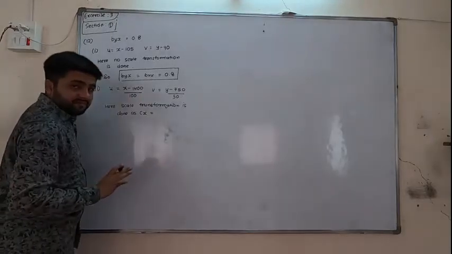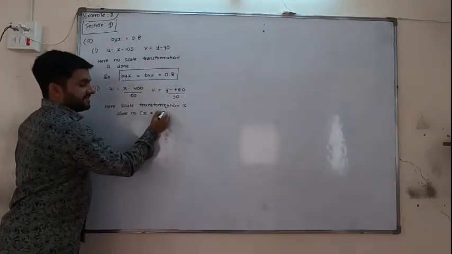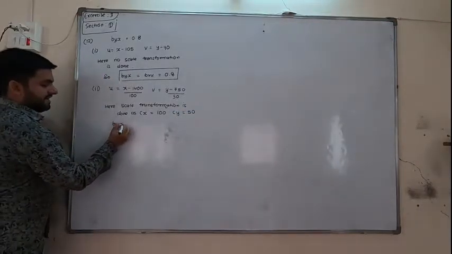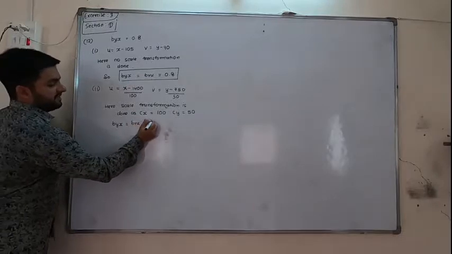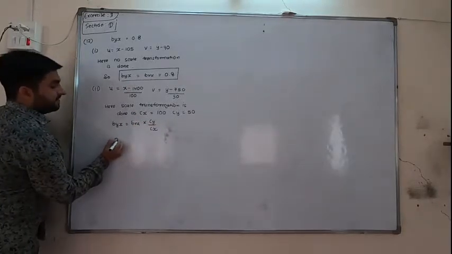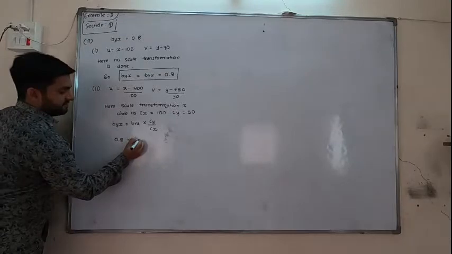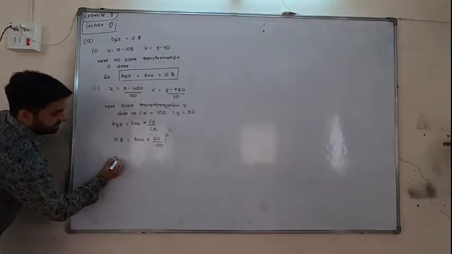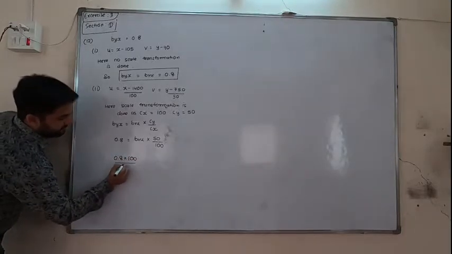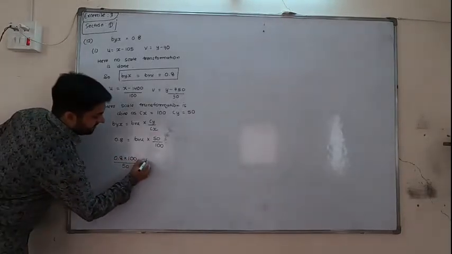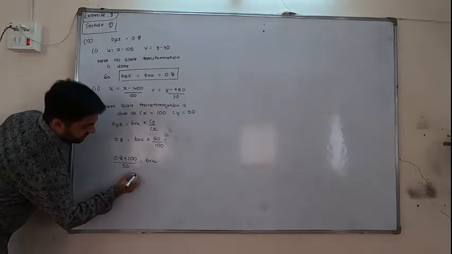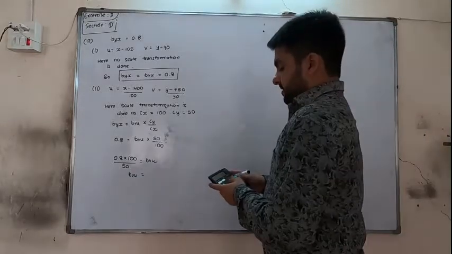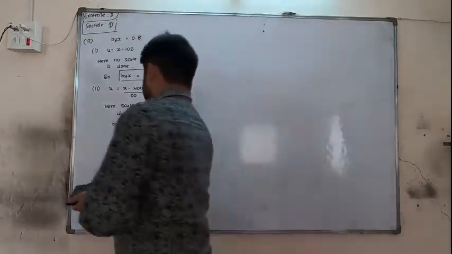Both are divided. Values will be taken directly. So Cx is 100, Cy is 50. Byx is equal to bvu multiply Cy by Cx. 0.8 is equal to bvu multiply 50 by 100. 0.8 into 100 upon 50 is equal to bvu. So bvu is equal to 0.8 into 100 by 50, which is 1.6.